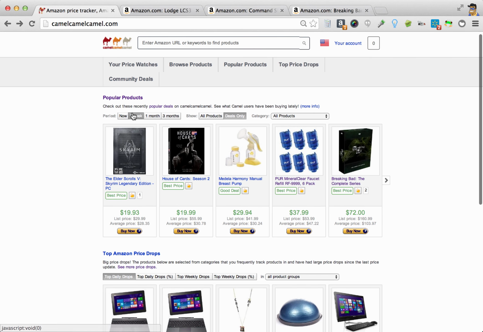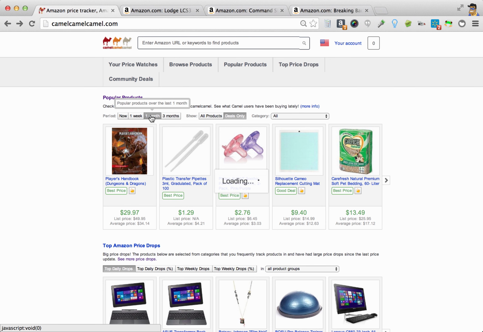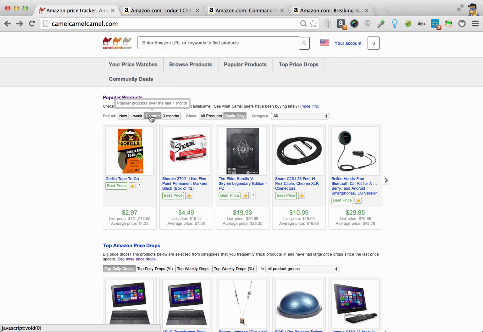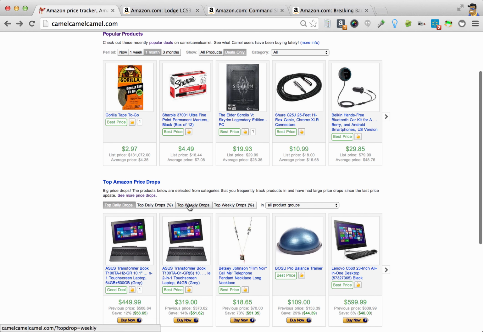We're back on the home page here to check for now, a week, a month, 3 months, okay? Because it could very well be that something is still available. That's a deal that's just not showing up because it didn't happen last week. It happened during the last month. So same thing with the top drops here.